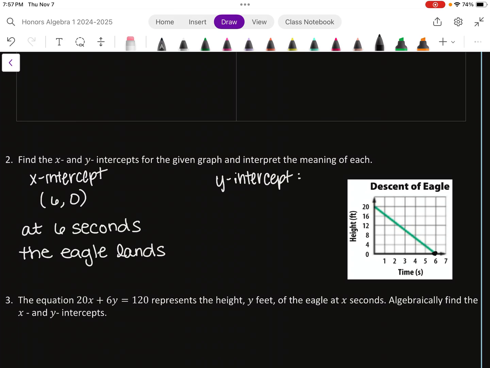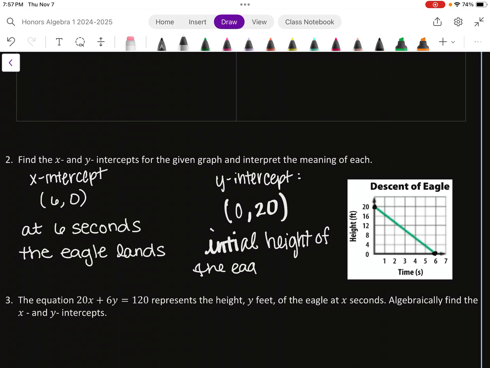Y-intercept. That's where it crosses the y-axis. I probably should have done that one first. That makes more sense. But looking here, it looks like it's at 20. So my y-intercept is not just 20. It's (0, 20), because the time is 0 seconds. So the initial height of the eagle is 20 feet.